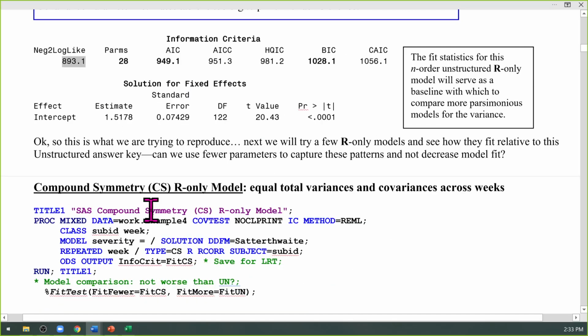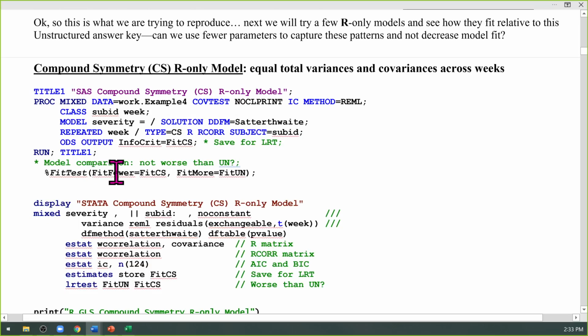So to use this little macro, it only has to take 2 pieces of information. I want to know which of the data sets has the model results from the model with fewer parameters and which one has the model that should have more. So fit CS is the name of the table that has the fit statistics from the compound symmetry model, so it's being saved right here.